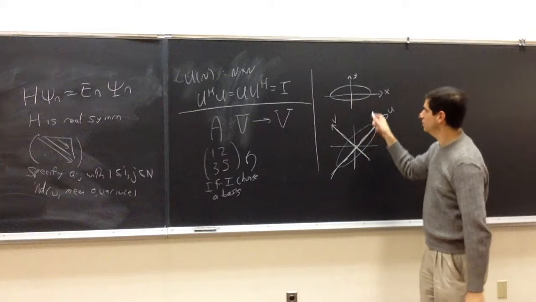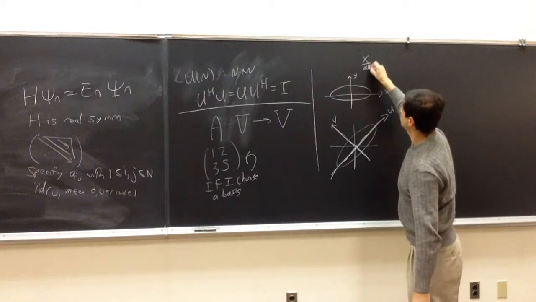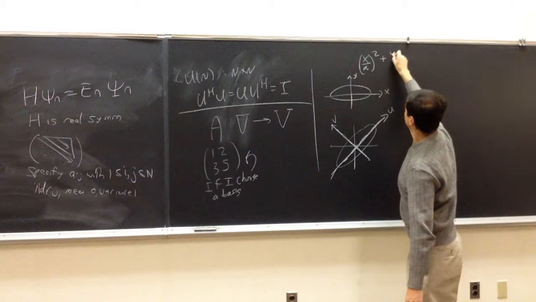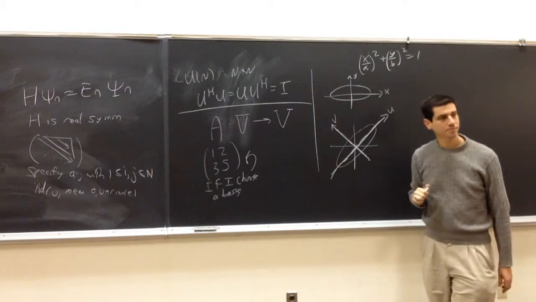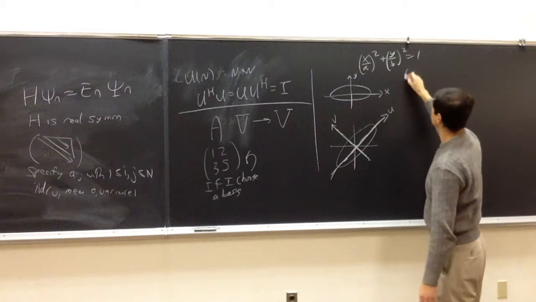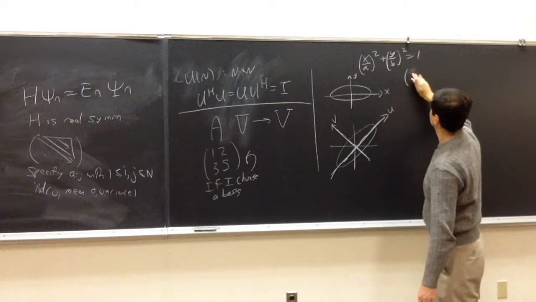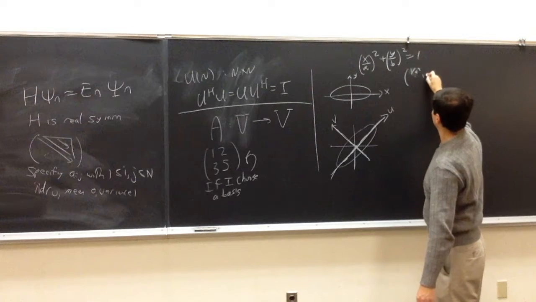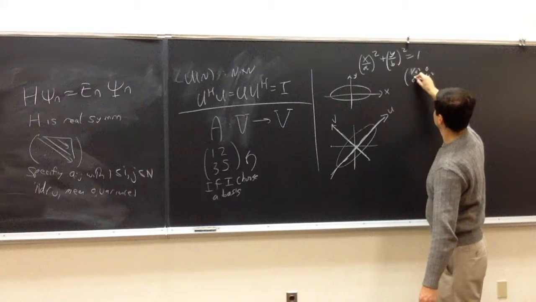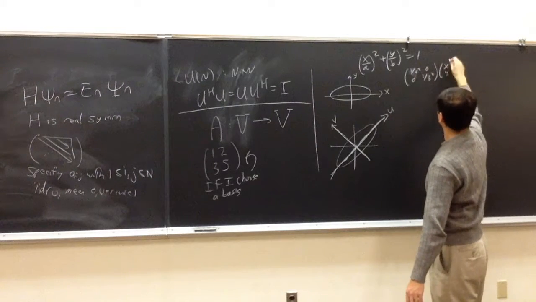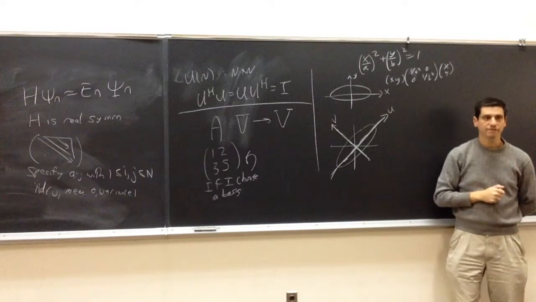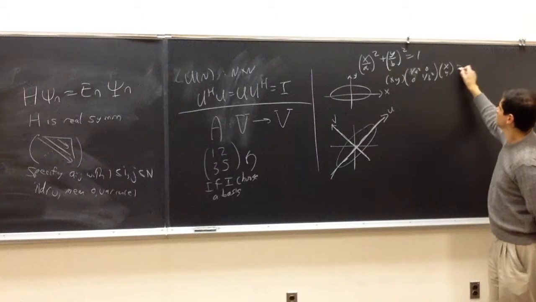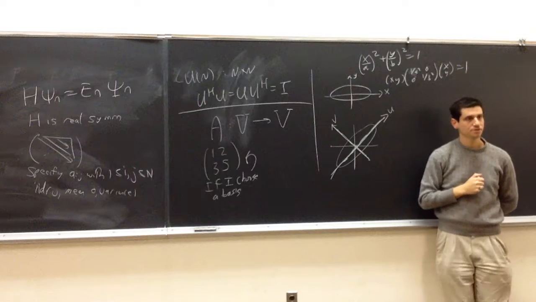The way you would write down an equation here is x over a squared plus y over b squared equals 1. You can also write this in terms of a matrix form: 1 over a squared, 1 over b squared, 0, 0, times (x, y), and that's (x, y) transpose. If I write it down like this, that is my equation of an ellipse.